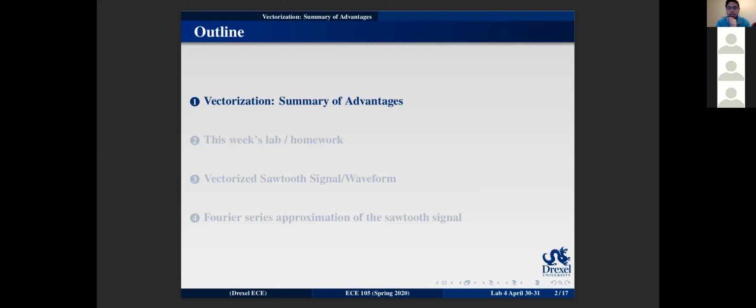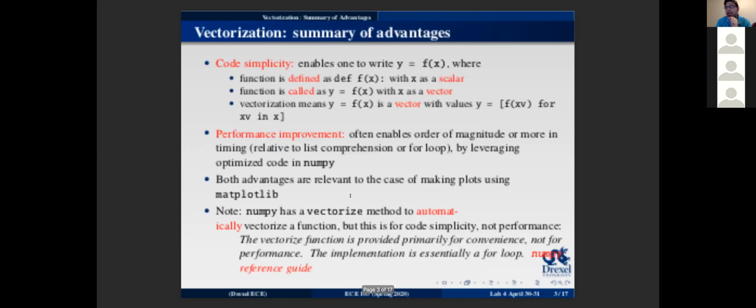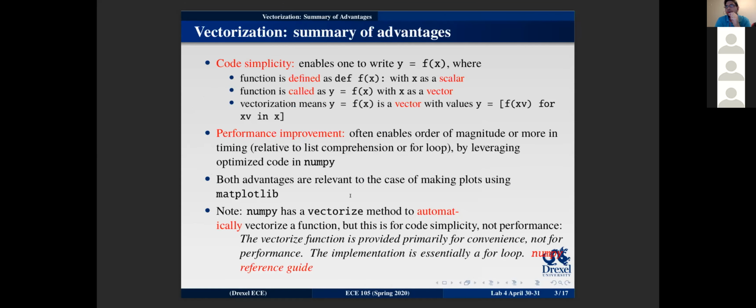Okay, so let's start with vectorization. I believe that you were introduced to the idea of vectorization in the lecture Tuesday. So, a brief overview. When we generally define a function in Python, we take in as an input a scalar value.